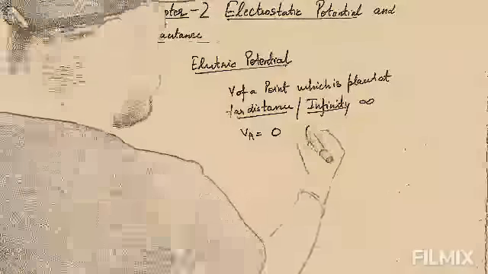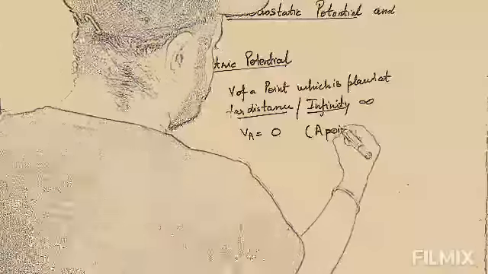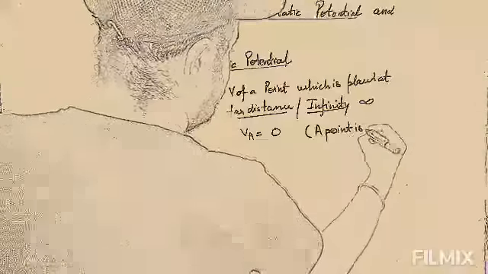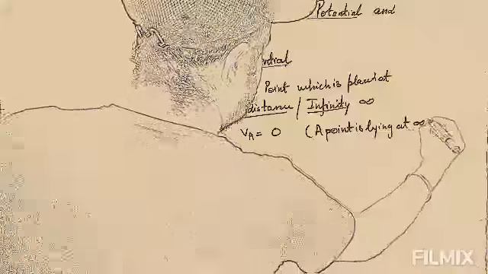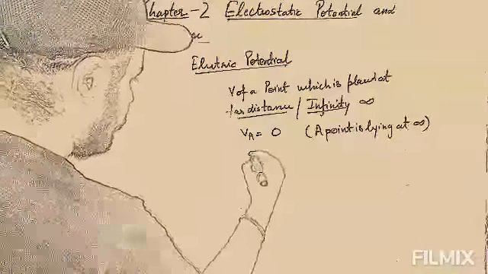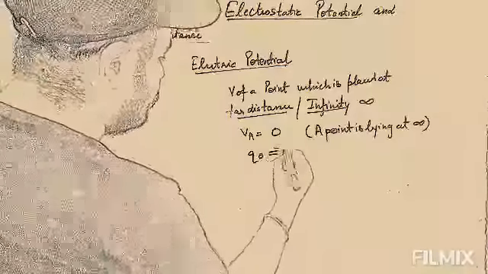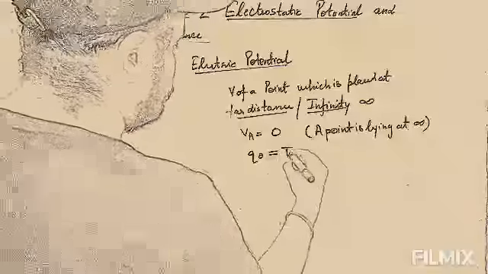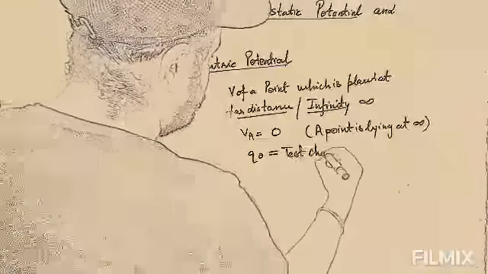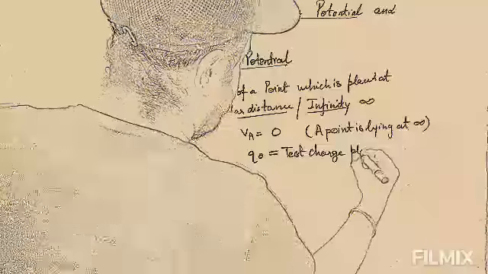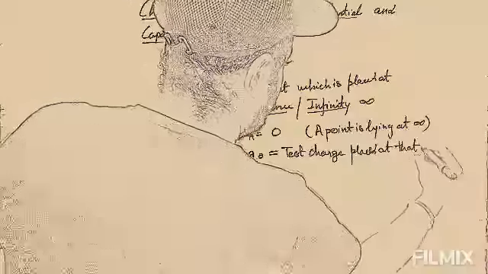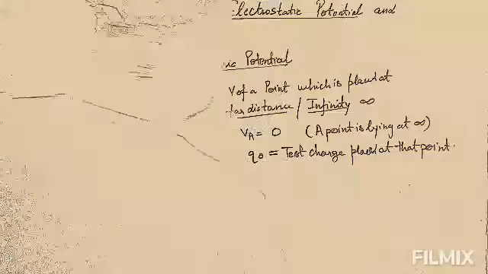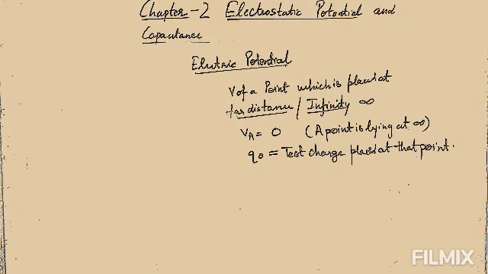So let us suppose a point is lying at infinity, and Q naught is the test charge which is being placed at that point.